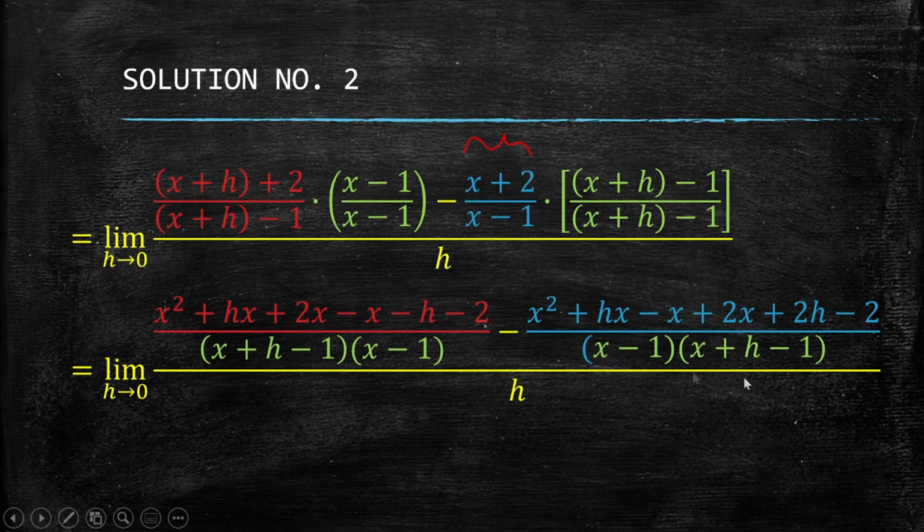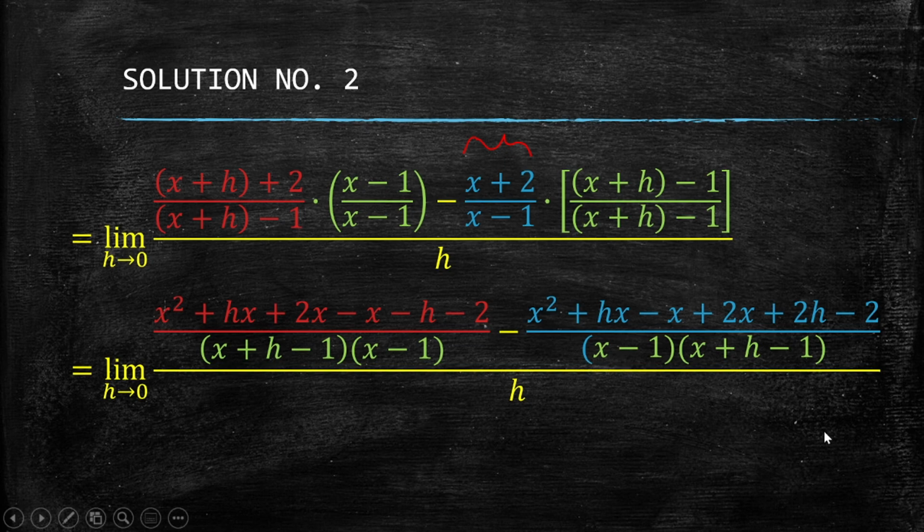Then for the blue term, same idea: x times x, we have x squared, x times h, we have hx, minus x, and we have 2 times x, we have 2x, 2 times h, 2h, 2 times negative 1, negative 2, all over the LCD x minus 1 and x plus h minus 1.